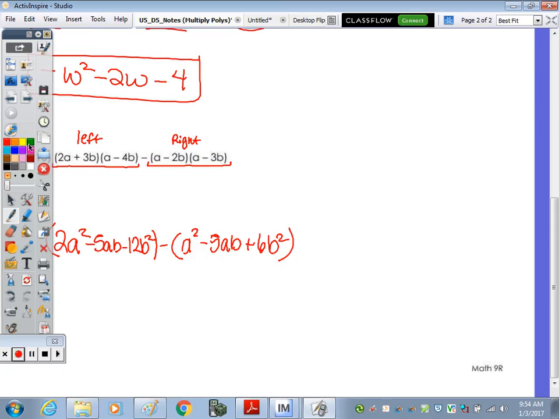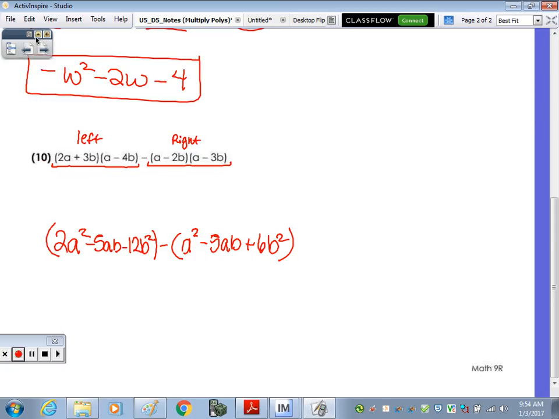Just to quickly go through if you missed something, the only thing you really need to be careful of: you've got the 2a times a, 2a squared on both sides. It's easy to do the first and last. 3b times negative 4b is negative 12b squared, and then negative 2b times negative 3b is positive 6b squared.